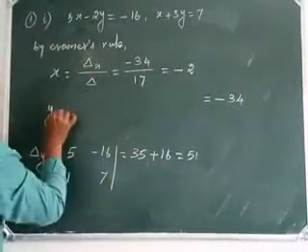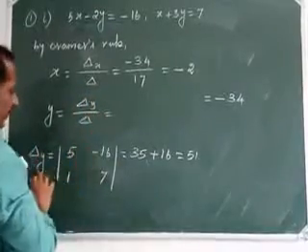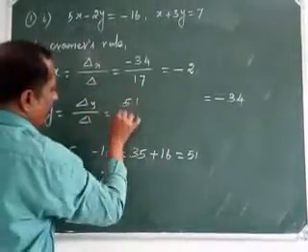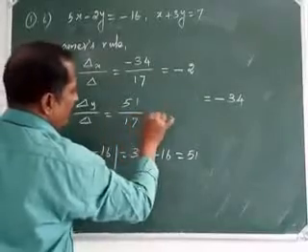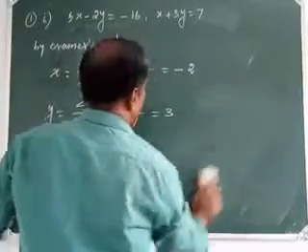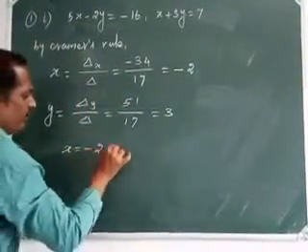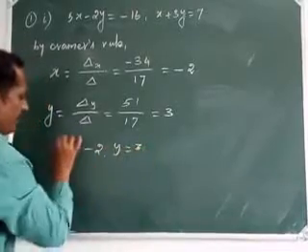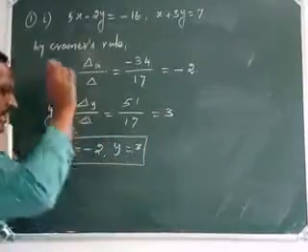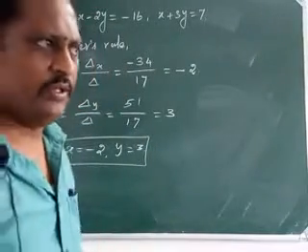And then y is equal to delta y divided by delta, 51 divided by 17. So 3 seventeens are 51. Therefore the x value is equal to minus 2, the y value is equal to 3.